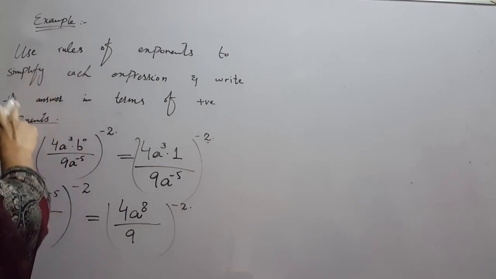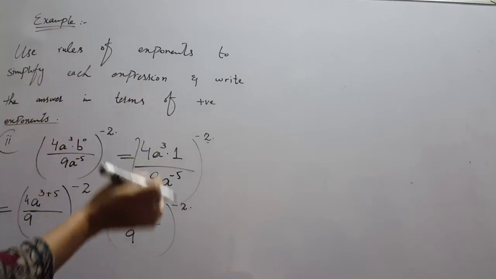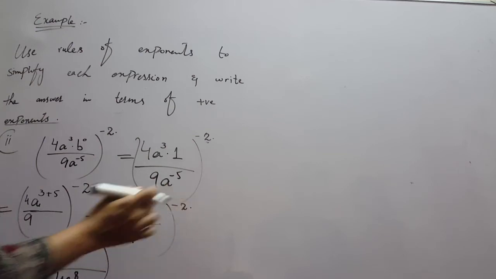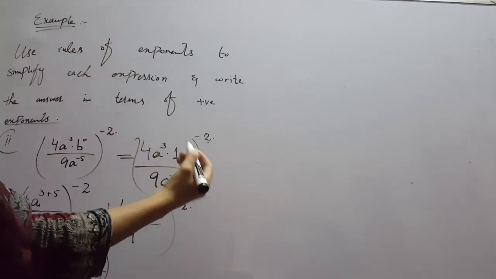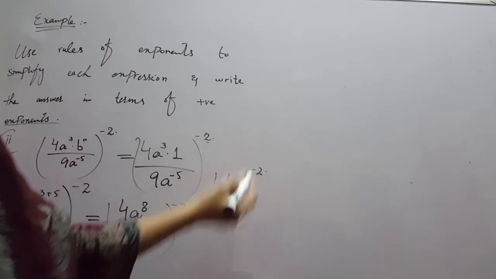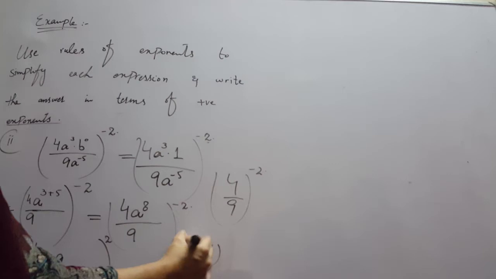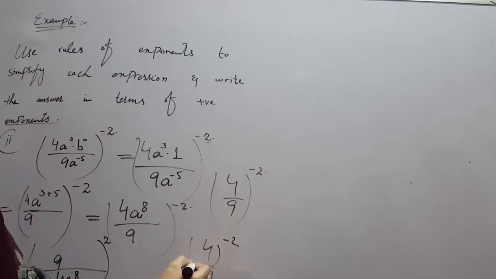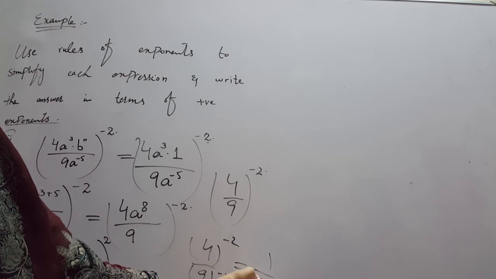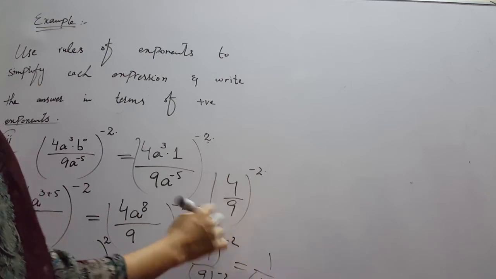So the answer will be in positive exponent, so we write 9 divided by 4 a power 8, whole power 2. Because 4 by 9 whole power minus 2 means 4 raised to power minus 2 and 9 raised to power minus 2; if we write 1 by 4, then the 2 will be positive.